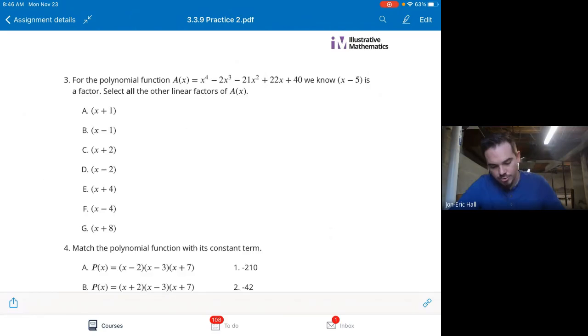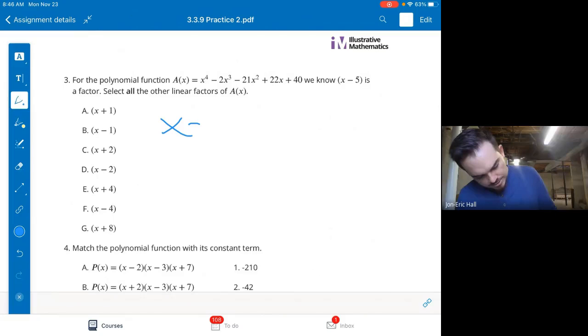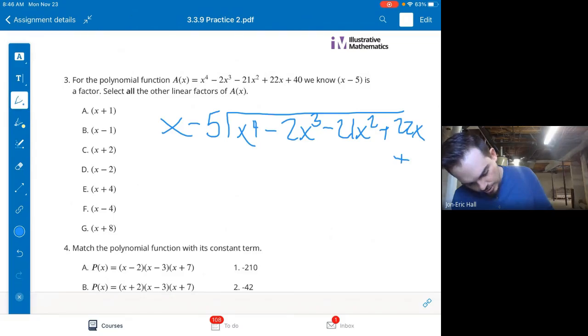What we need to do is set this up and do long division here, or the box method, either one, it doesn't matter to me. So you know that this is x minus 5. And you know that we got x to the fourth minus 2x cubed minus 21x squared, and I don't have to fill in any zeros because everything's good there. 22x and then plus 40 here. I'll just throw that down at the bottom.